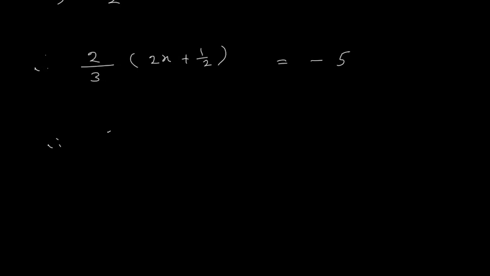Therefore I will say that this 2x plus half is equal to minus 5 into 3 divided by 2, which is equal to minus 15 divided by 2.